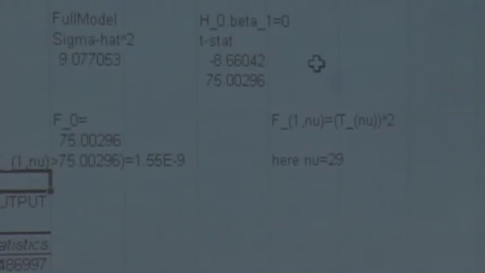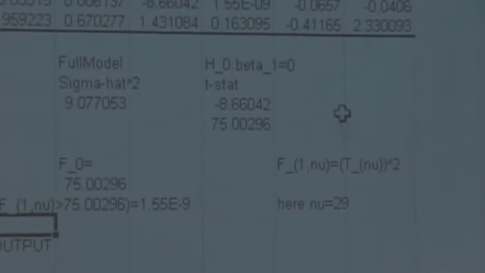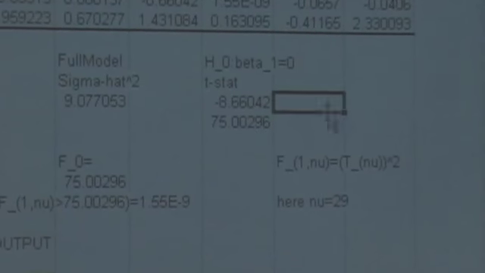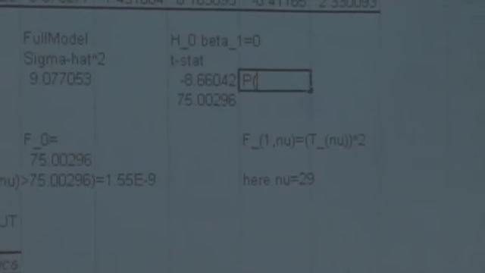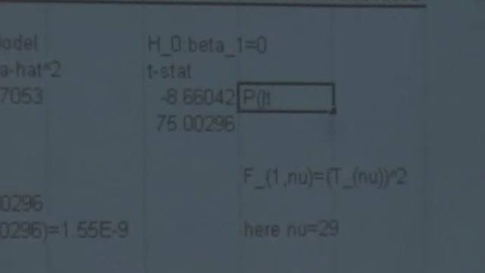That's the probability statement. The probability that the absolute value of a t random variable, T with nu degrees of freedom, is bigger than the absolute value of minus 8.66 is equal to the same number, 1.55e-9. So that's the two tails.